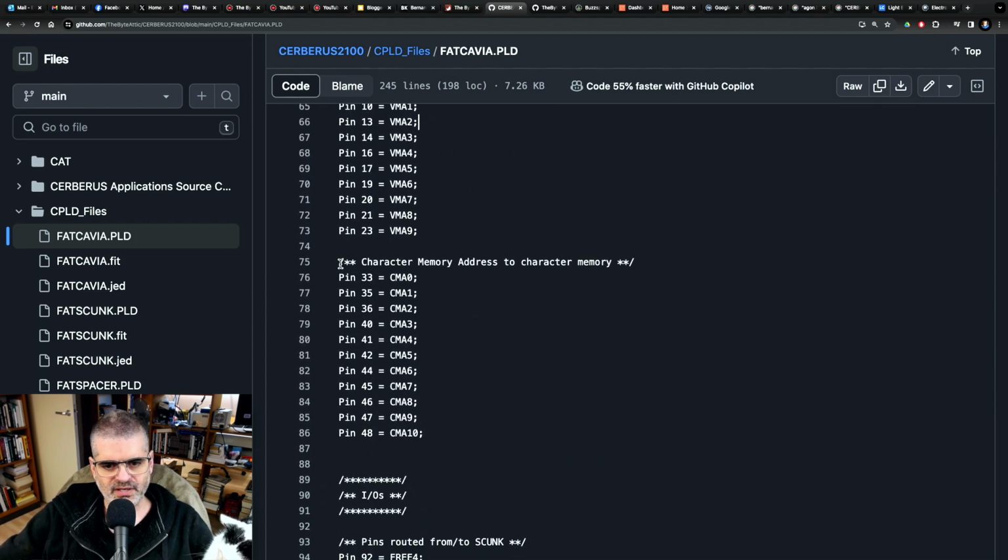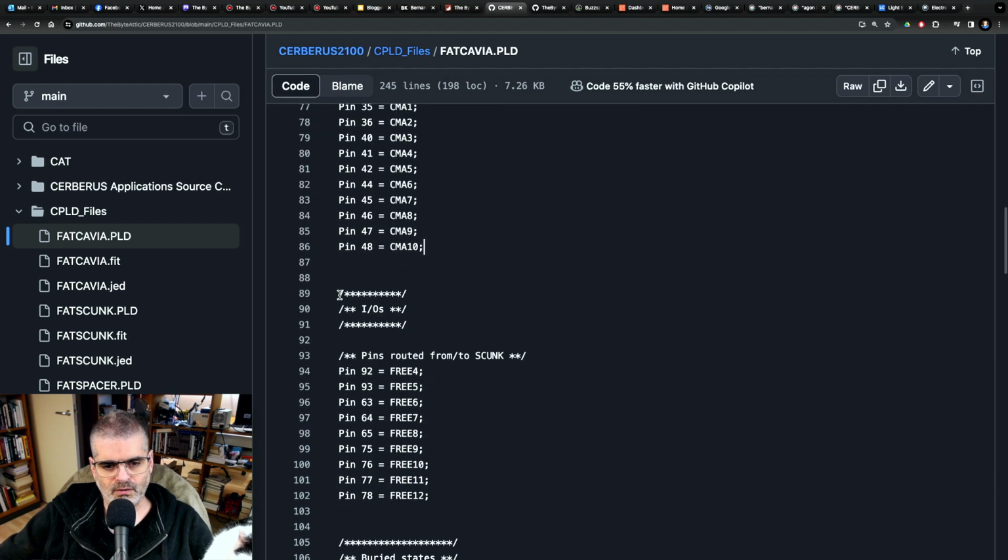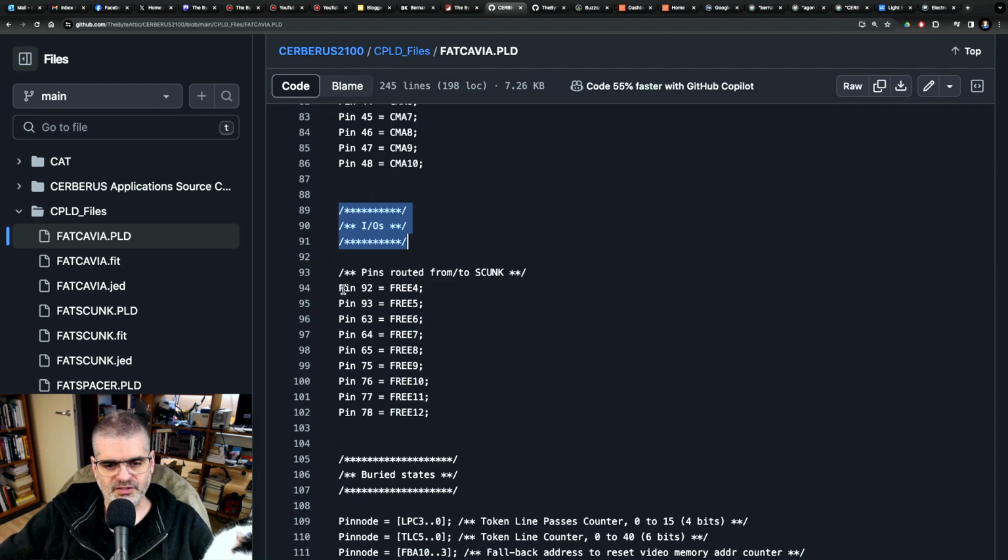Then we need the same thing for the character memory, 11 bits. So character memory address 0, 1, 2, 3, and so on, until character memory address 10. So these are the outputs. Now pins that can work as inputs and outputs. These are the pins that I put on the PCB, but I didn't use in the original version of this file. I am using 8 of them now, as I'm going to show.